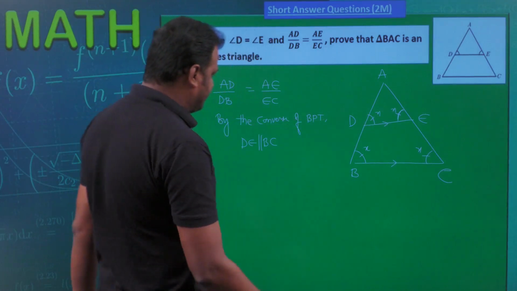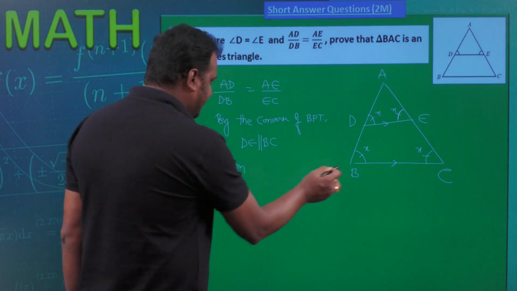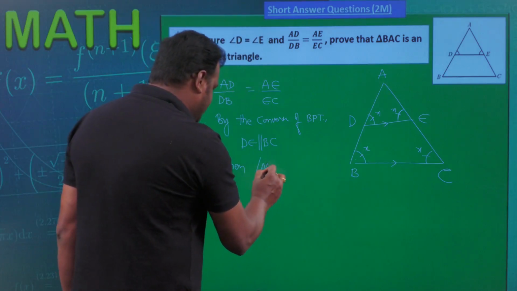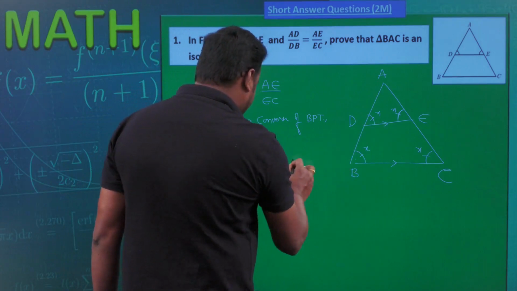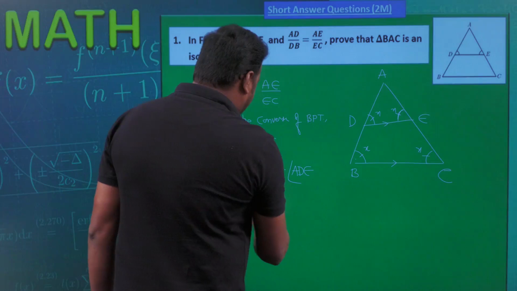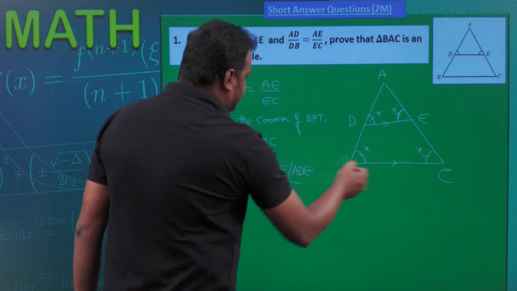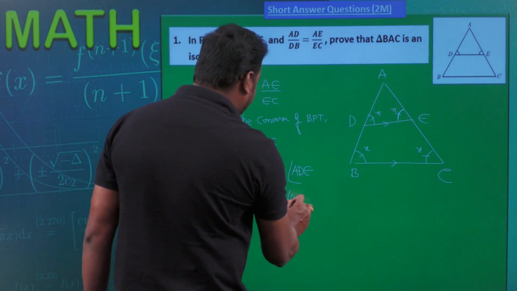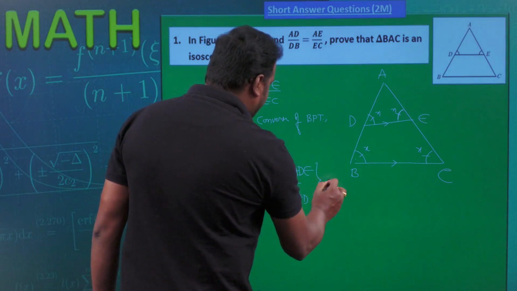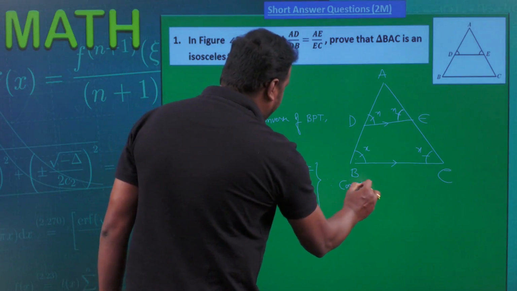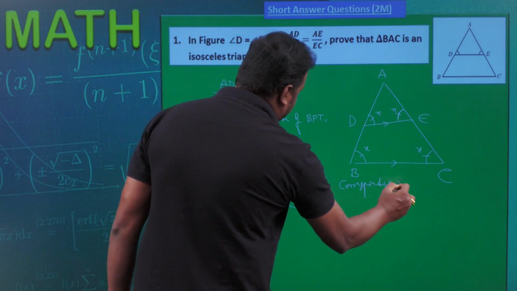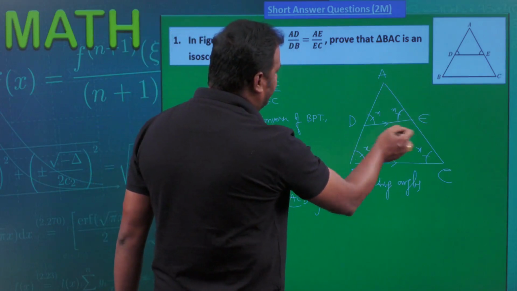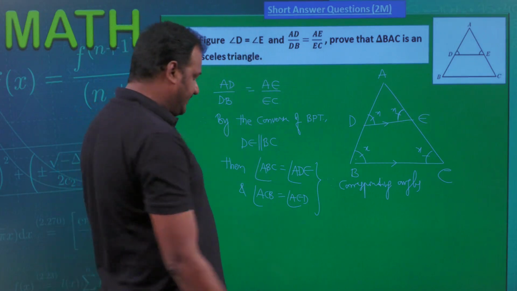Since DE is parallel to BC, this angle is equal to this angle, that is angle ABC is equal to angle ADE, and this angle ACB is equal to angle AED, since they are pairs of corresponding angles. But already you know that angle ADE is equal to angle AED. It was already given.